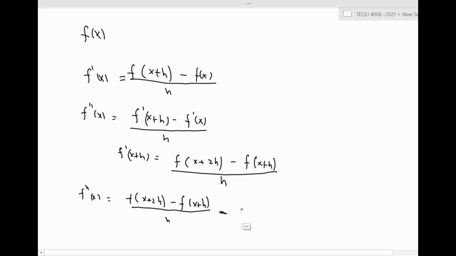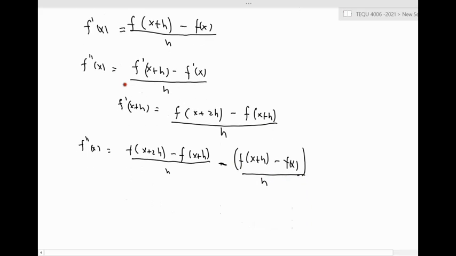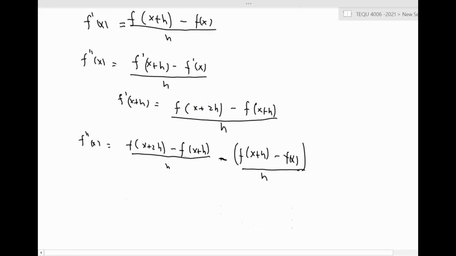That would be f of x plus h minus f of x. Careful here, because this minus is right here. And that divided by h. So I did this part, and I did this part, and now everything is divided by this h.